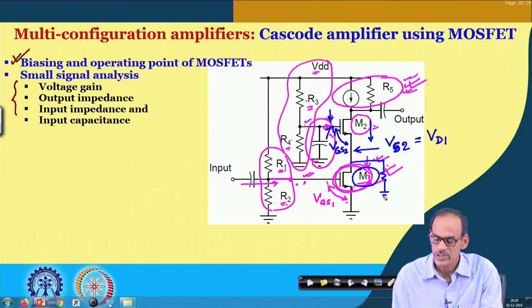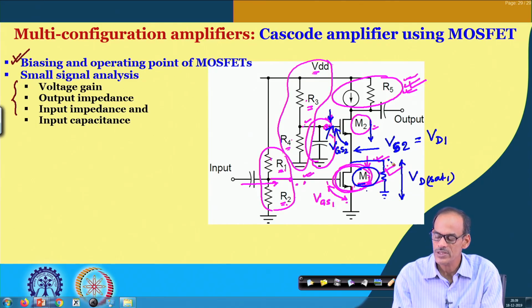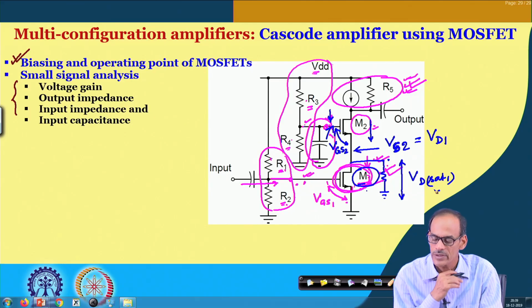So, for proper operation we would like to keep transistor 1 in the saturation region, and that should be done by maintaining at least some minimum voltage here, which is referred to as VD sat of transistor 1. If this voltage is higher than VD sat, then of course there is no problem.